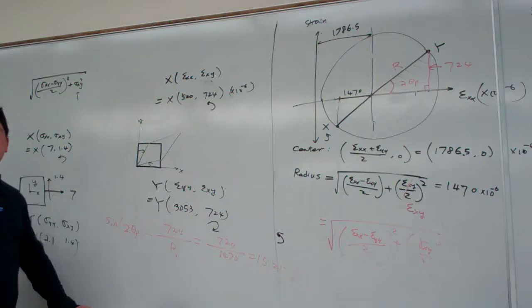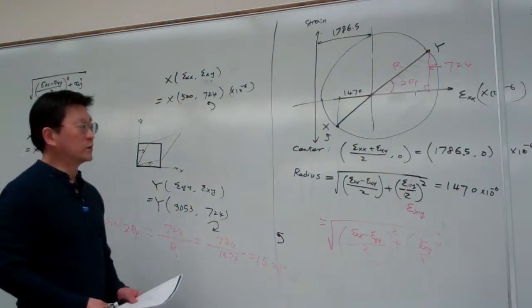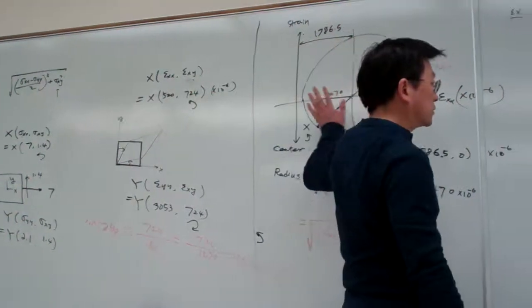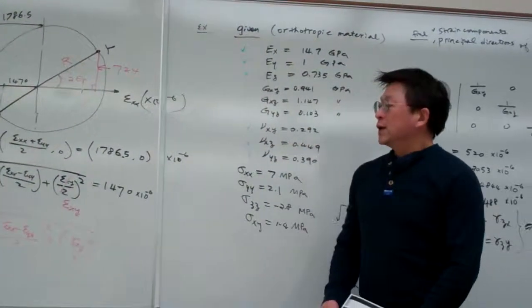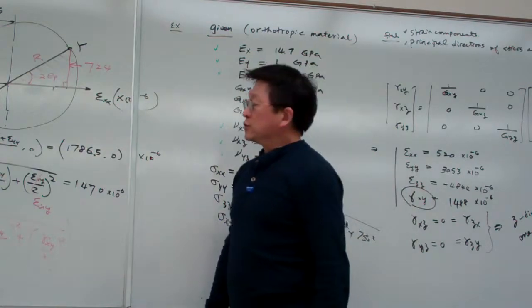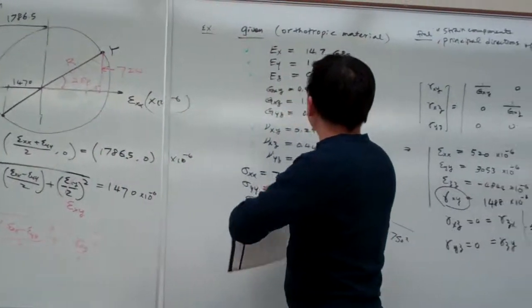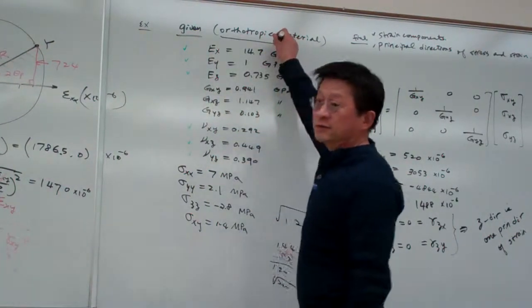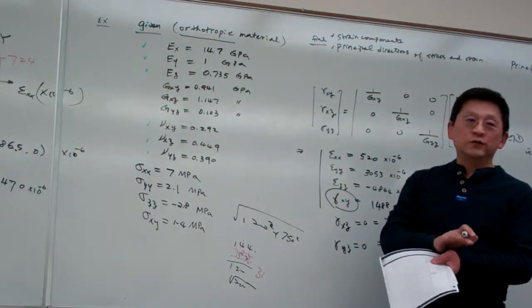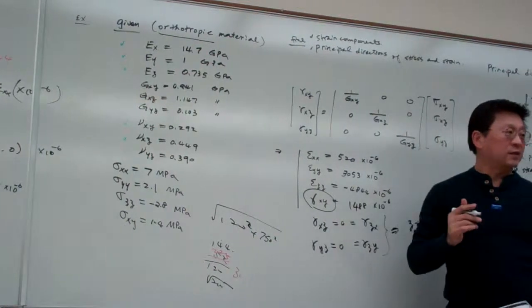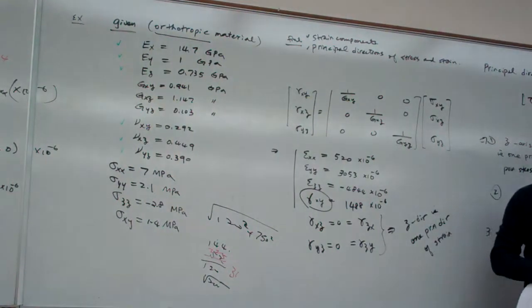So using these examples has quite a few purposes. One is to rehearse our calculation for principal stresses and principal strains. And then I also want to emphasize that for orthotropic materials, the principal directions of the stress won't align with those of the strain. And that is a very important concept.